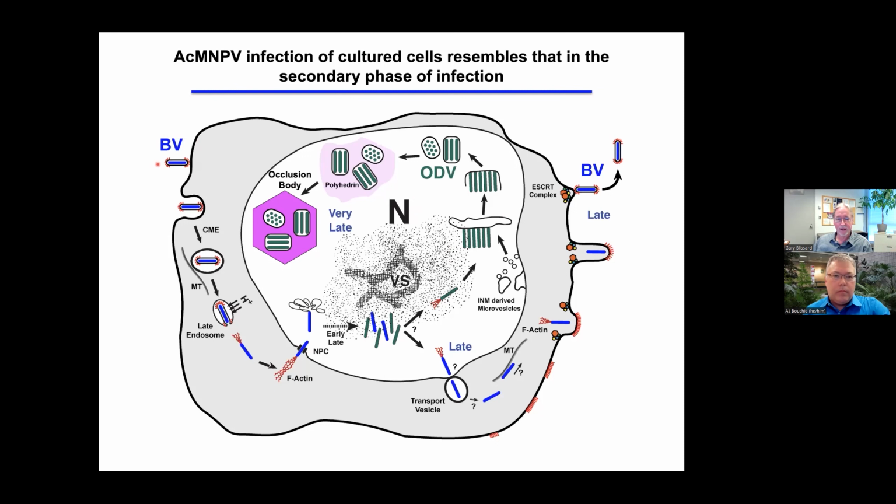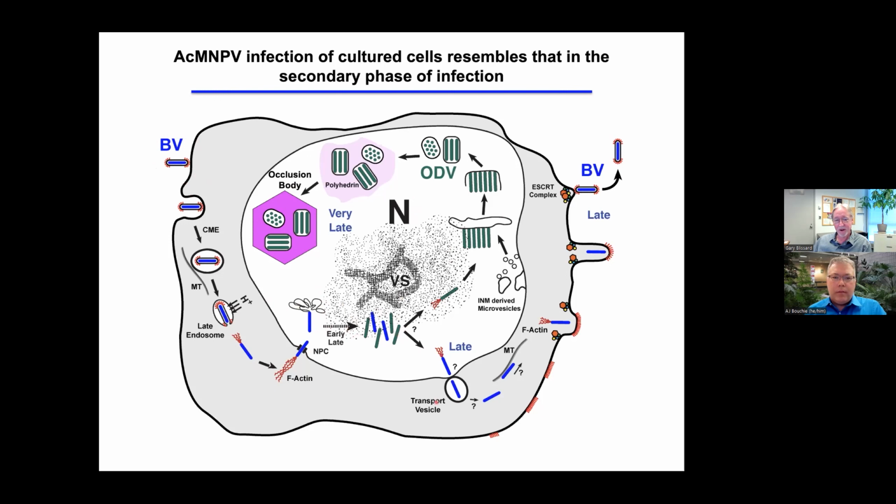And I know this is complicated, but I just want to make a couple of points here. One is that this phase is initiated by the budded form of the virus. The virus moves into the cell, it uncoats or releases its genome into the nucleus, and then the virus replicates and makes new nucleocapsids that are filled with a genome.